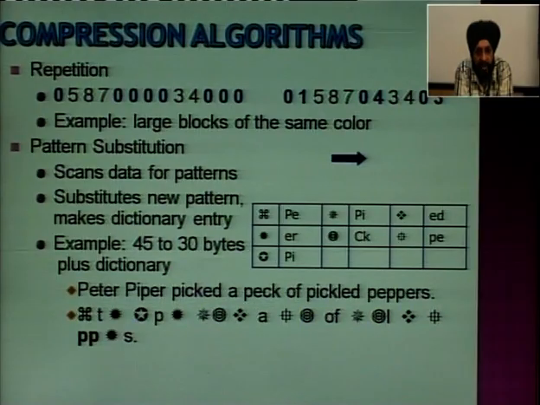We have designated codes, stars and other signs, which indicate how to designate PE, how to designate ER, how to designate PI and CK and all that. So, that has to be reproduced further.